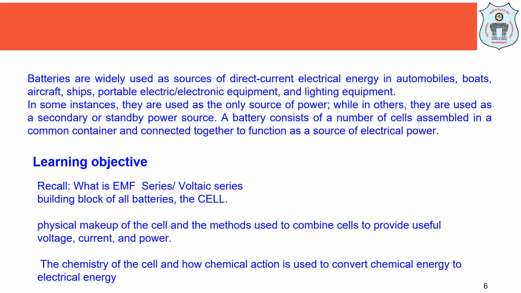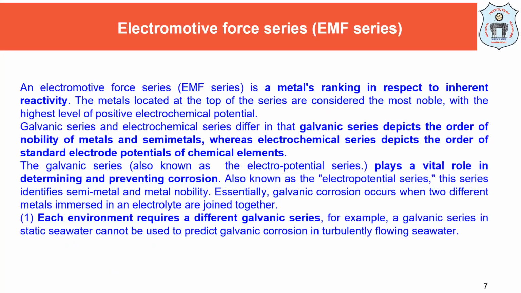The learning objectives for this lecture are: we will recall, as we have already learned about the EMF series and voltaic series, what a cell is, what the building block of all batteries is, what constitutes a battery or cell, how to combine them to get the required voltage, current, and power, and what the chemistry behind that is.